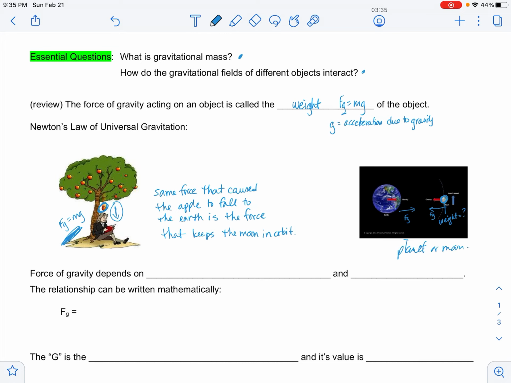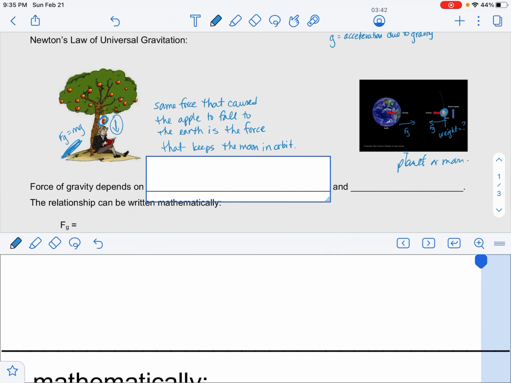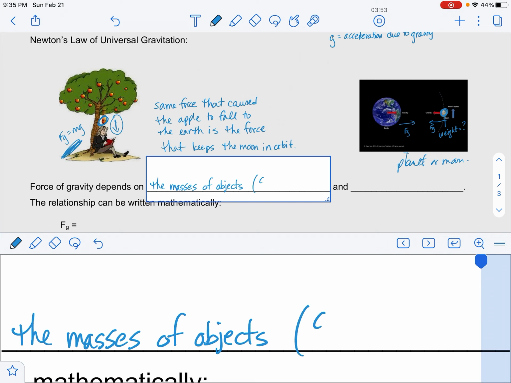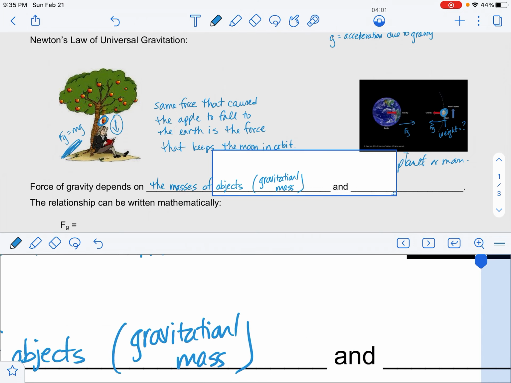Okay? So in this case, the force of gravity depends on the masses of the objects. And again, we're talking about big objects here. So this is called the gravitational mass of the objects.